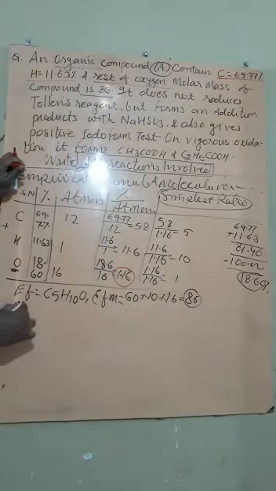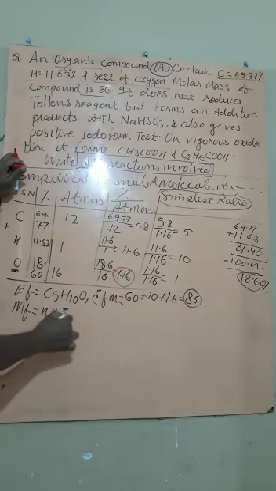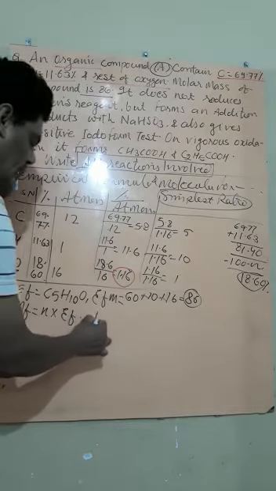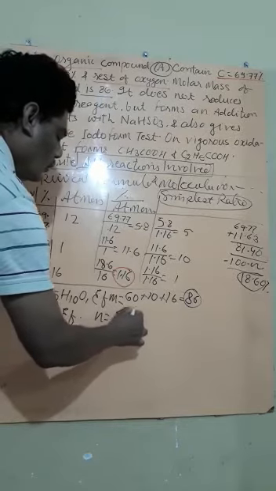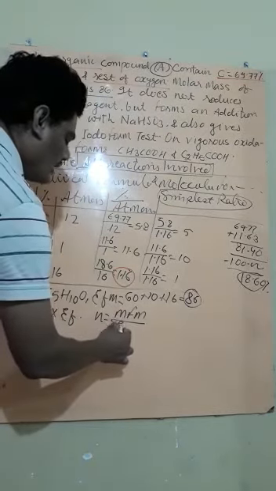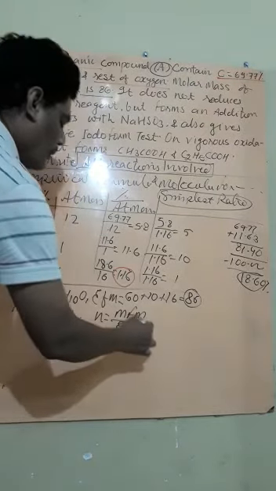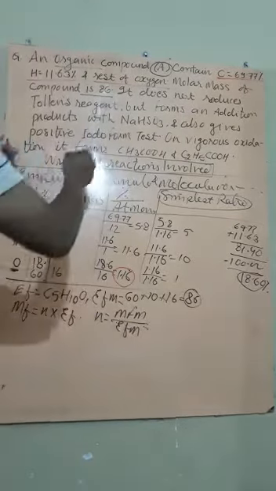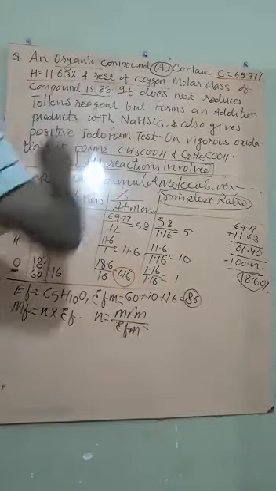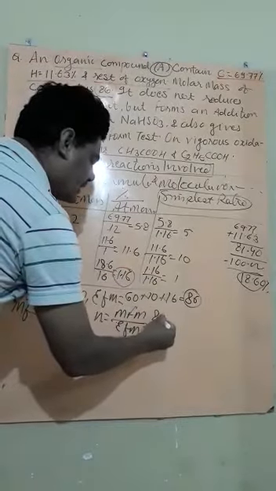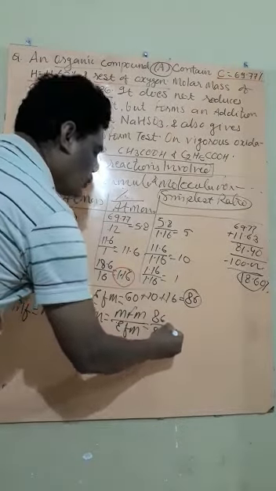Now how to find the molecular formula? Molecular formula is equal to n into the empirical formula, and n is equal to molecular formula mass divided by empirical formula mass. The molecular formula mass is given in the question as 86. So 86 divided by 86 is equal to 1.